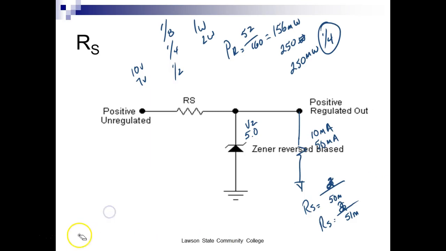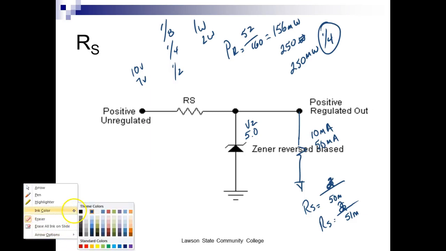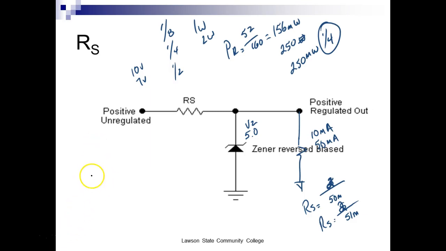So I think we used the minimum voltage over the minimum current, but it's the minimum voltage over the maximum current. Okay, so what does this give me? Okay, so what size are we going to use?